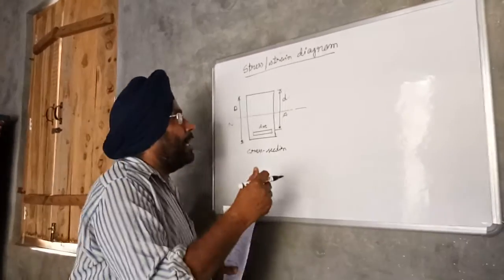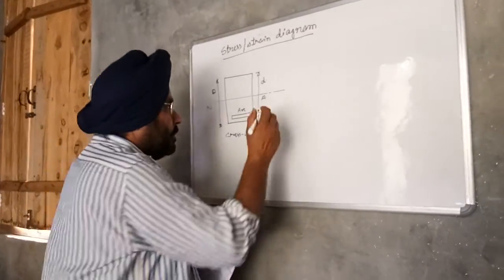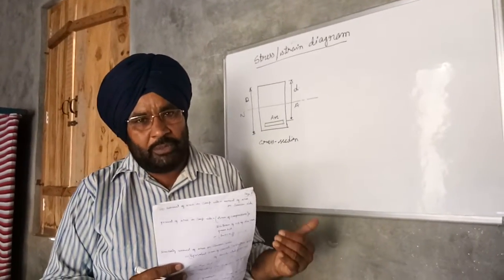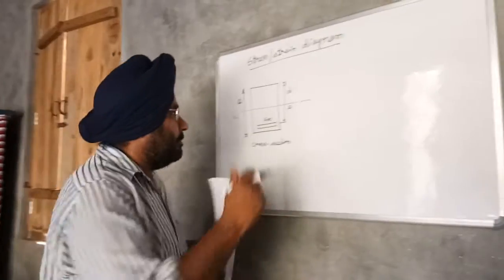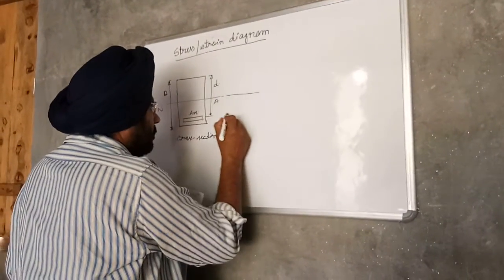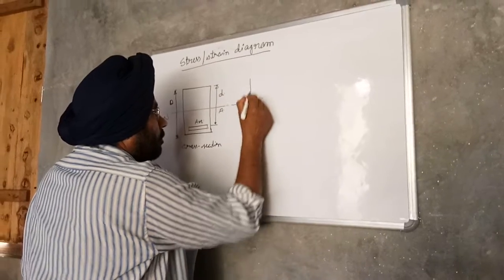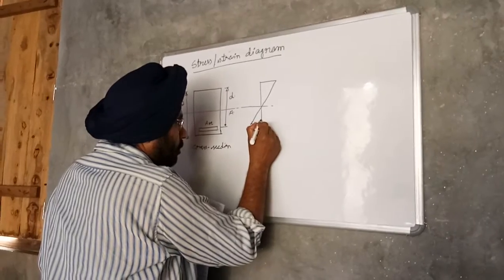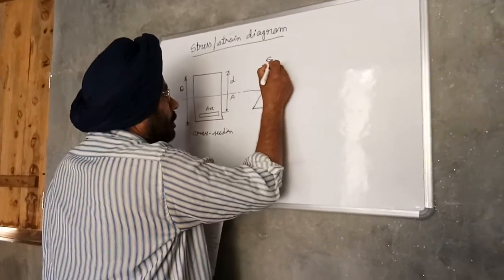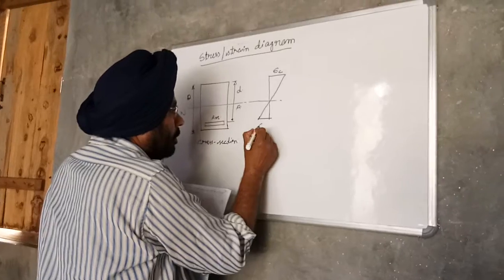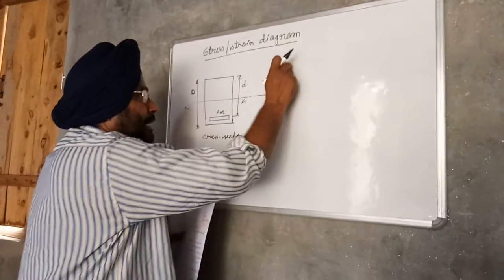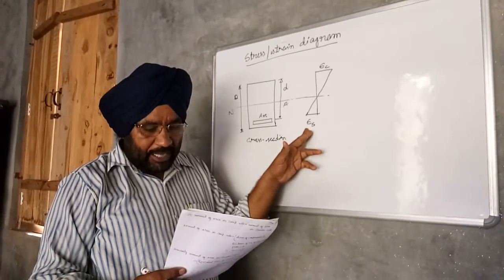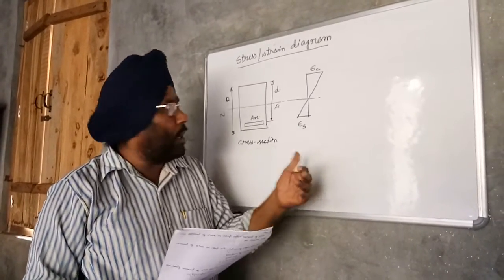Then we will draw the stress diagram and strain diagram. In the strain diagram, the strain varies linearly from the neutral axis, so the strain diagram will be a straight line. Epsilon C is the maximum strain in concrete and epsilon S is the maximum strain in steel at the centroid of the steel.